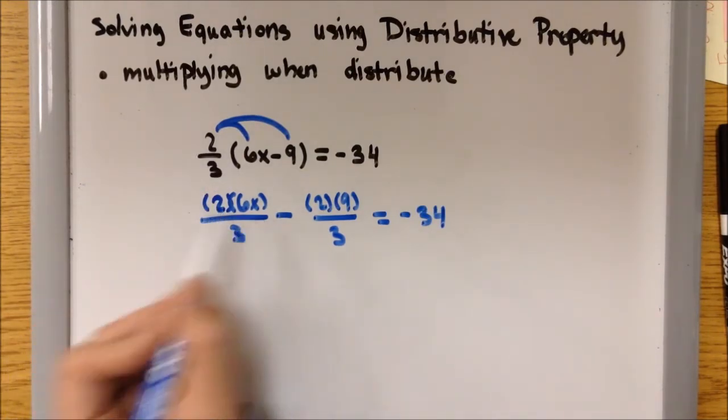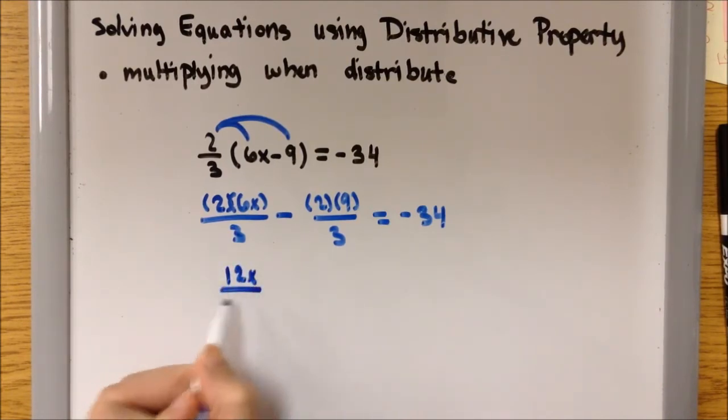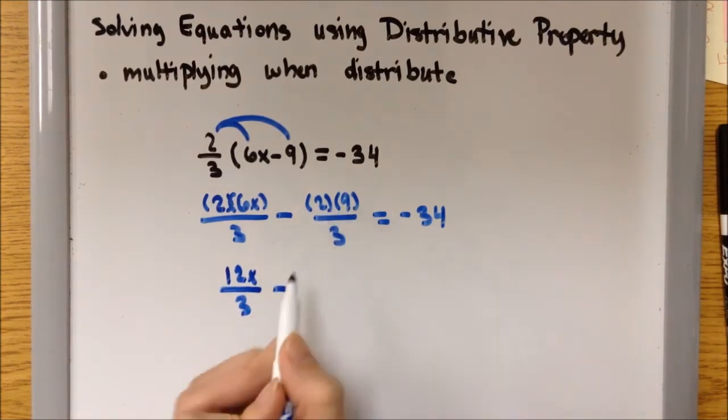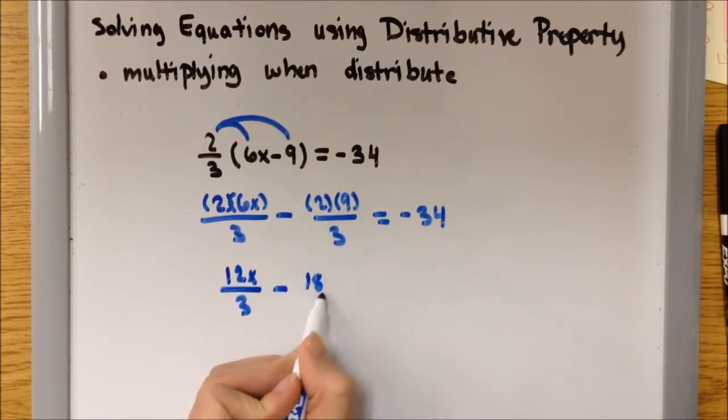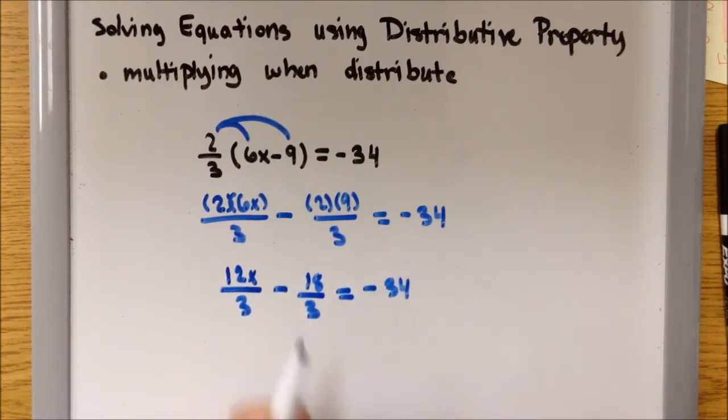So 2 times 6x is 12x, and it still has the 3 in the denominator, minus 2 times 9, which is 18, still over 3, equals -34.